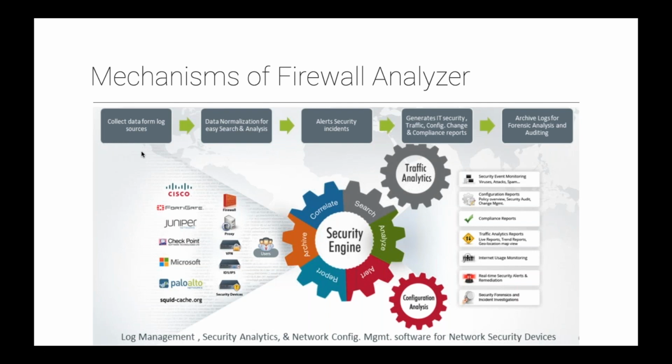So once the syslogs are forwarded, the syslogs are archived, and any alarm notifications are sent in real time. Parallelly, syslogs are normalized, stored in the DB, and then Firewall Analyzer starts to generate reports. Let us look at what reports are generated in the next slide.